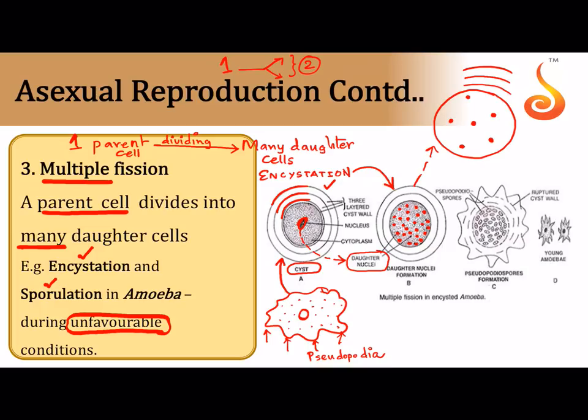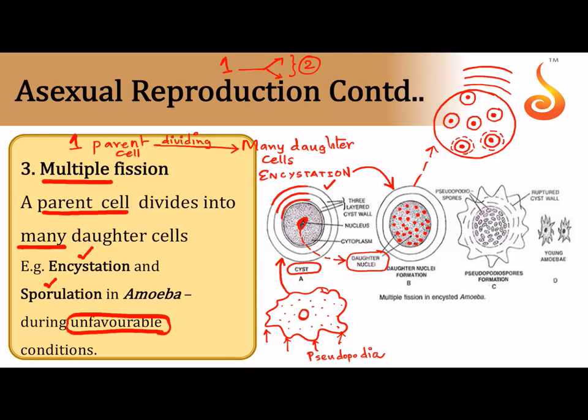And now what happens is each nucleus gets enveloped by cytoplasm of its own. See? Cytoplasm comes and gets collected around each nucleus. And the cytoplasmic covering also develops a plasma membrane around itself.